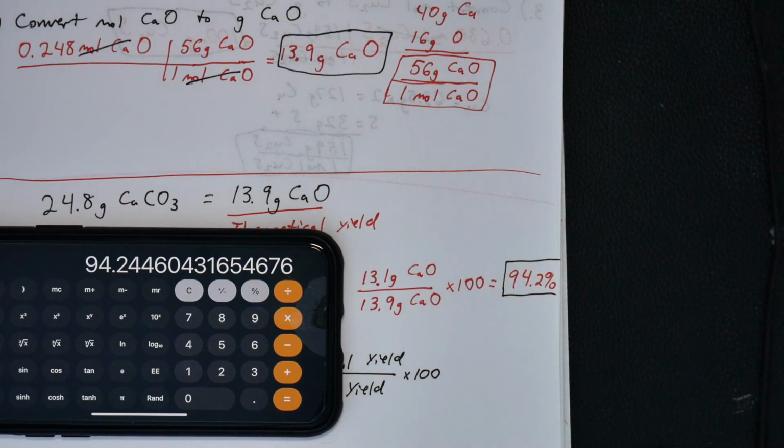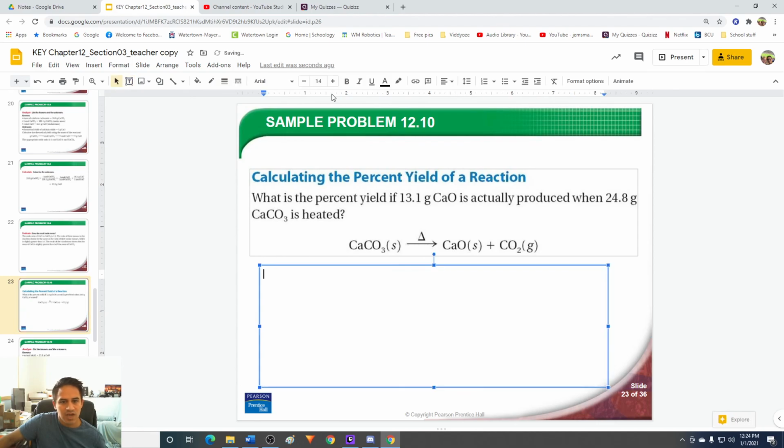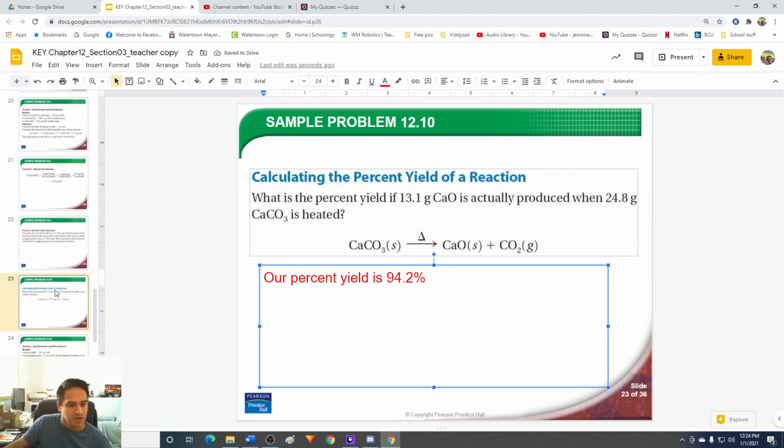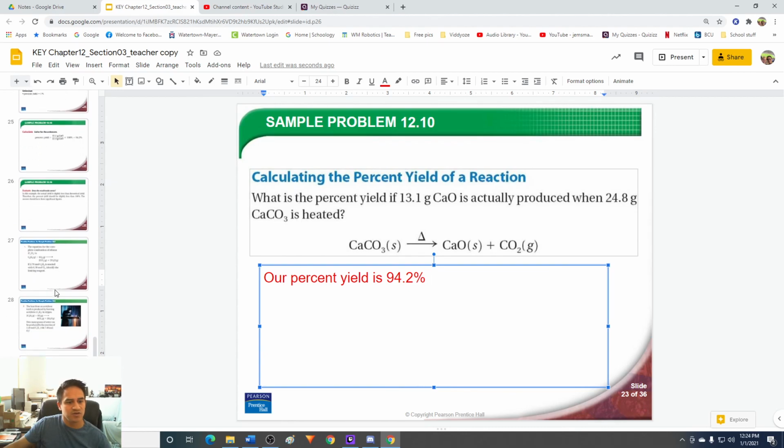That's not a bad percent yield. Okay, so let's switch back to our slides. And we're just going to insert a text box here. And again, we showed the math on our paper, but we would say our percent yield is 94.2%. All right. So that is it for this section of notes and those problems.